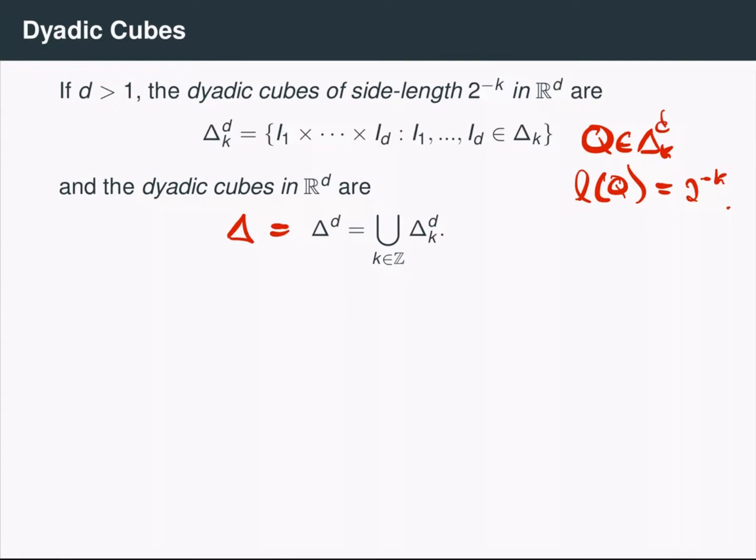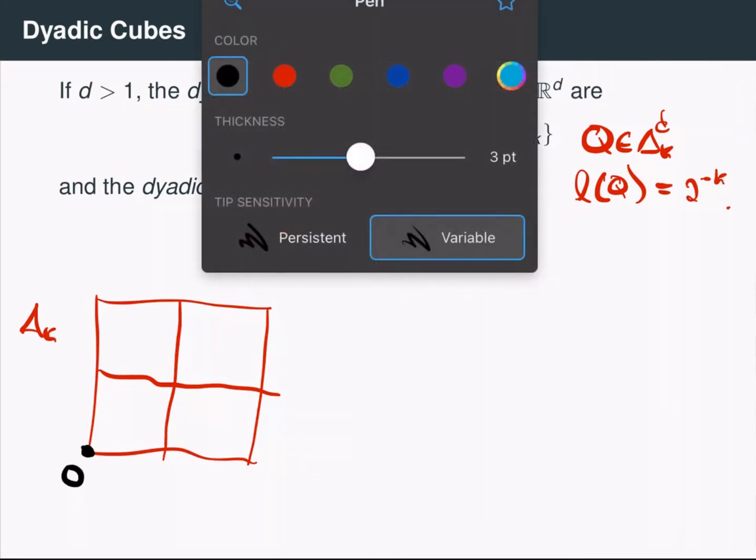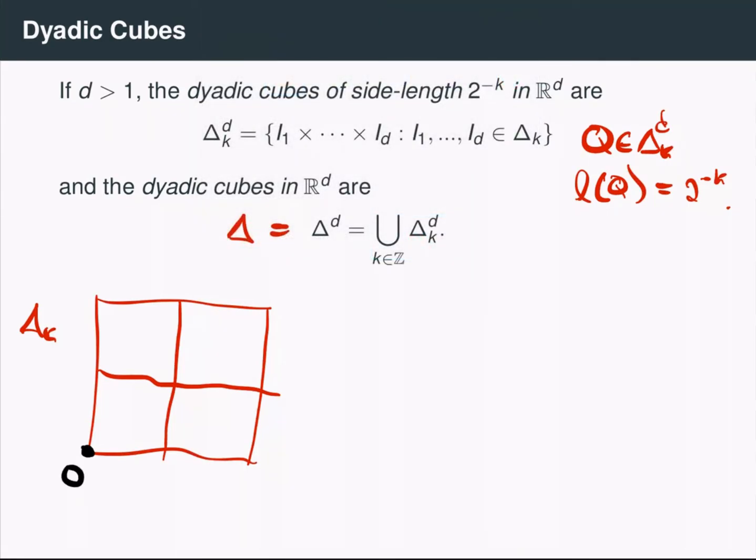Just to give a picture, the dyadic cubes of side length 2 to the minus k are a collection of cubes that tile the plane, and there's going to be one whose bottom left corner is situated at 0. Their side lengths are always 2 to the minus k, and these tile the plane, so I keep going this way, this way, and this way.